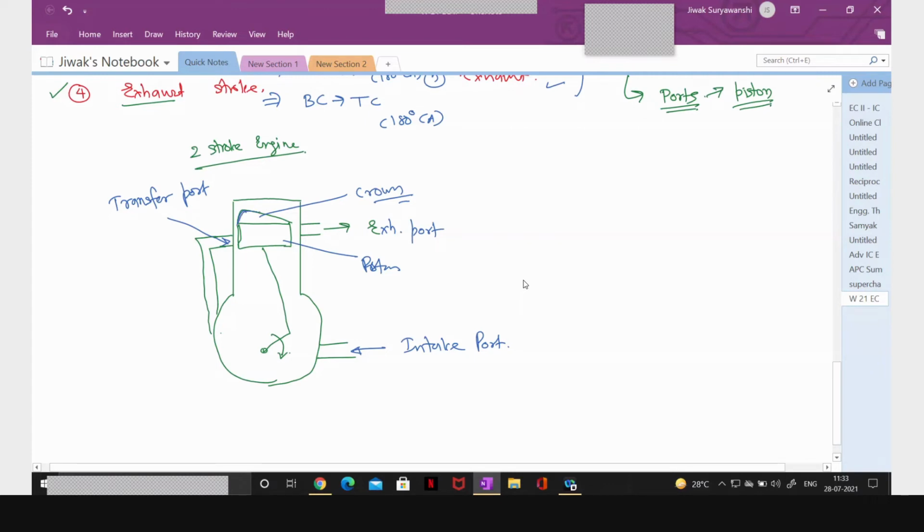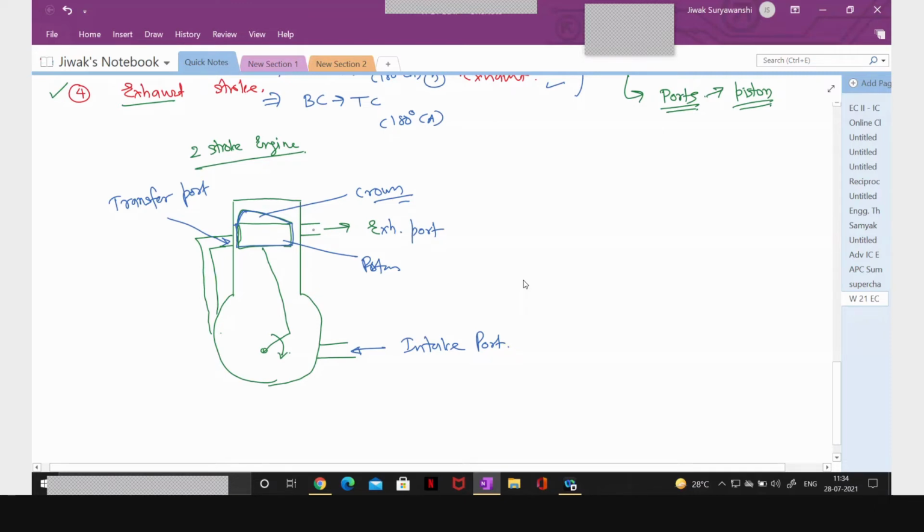Now you can see these are the ports, and these ports are covered and uncovered by this piston itself. This transfer port and exhaust port are covered and uncovered by the piston itself.